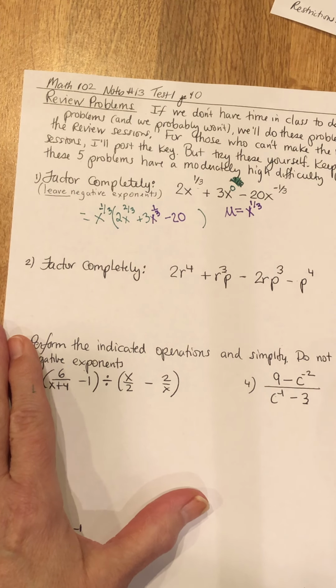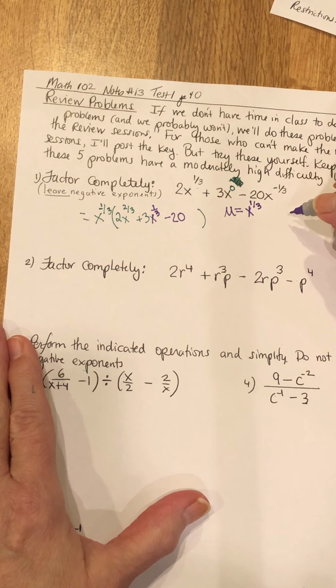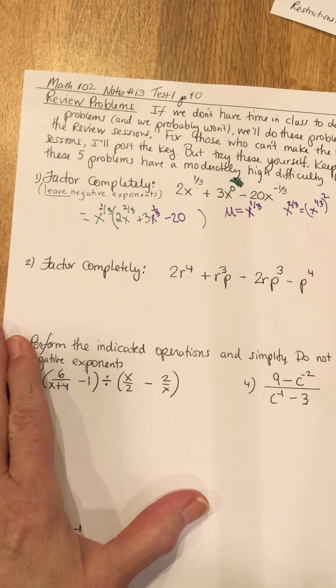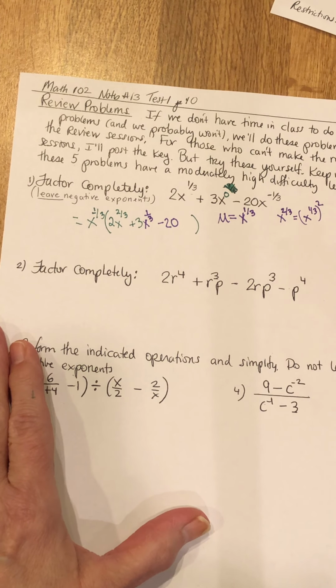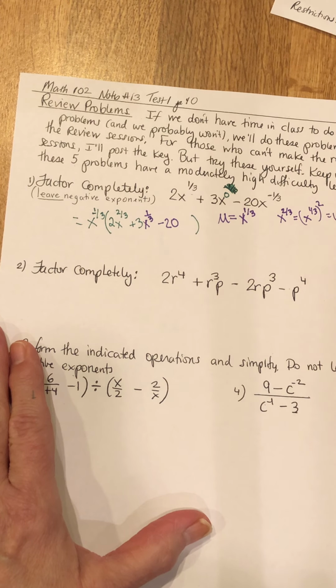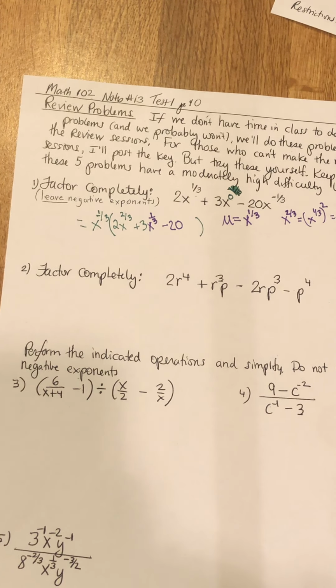So if u is x to the 1/3, we know that x to the 2/3 is the same as x to the 1/3 squared, because power to power you multiply, and x to the 1/3 is u. So x to the 2/3 is u squared.